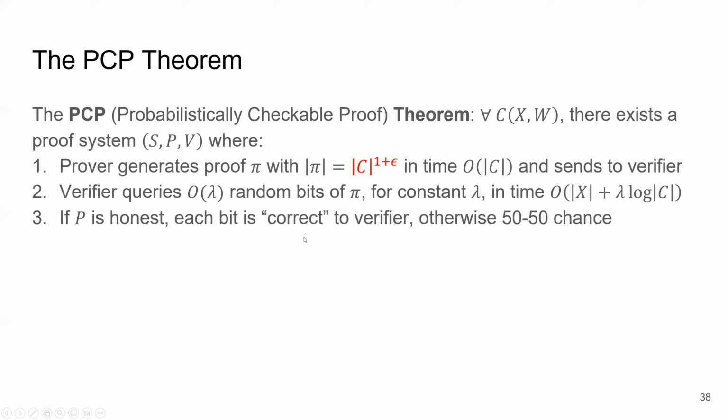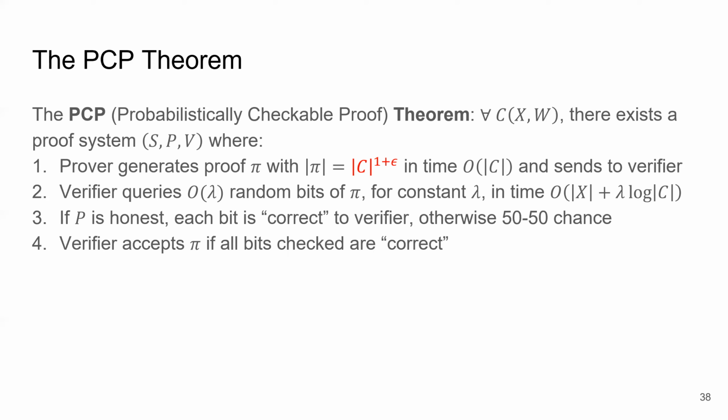Because again, bits are either 0 or 1. So if it's the bit the verifier expects, then it'll deem it correct. If the bit is not what the verifier expects, then it'll say that the proof is invalid. So then the verifier accepts this proof if all of the bits that it has spot checked, all these random bits, are correct. This is the basic PCP theorem.